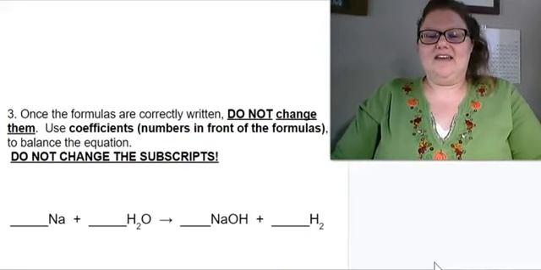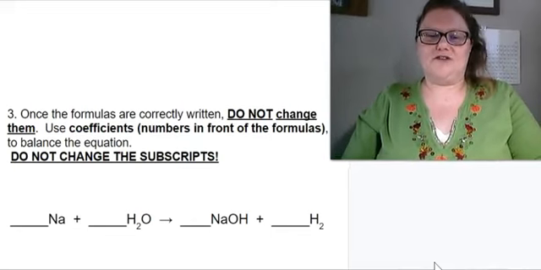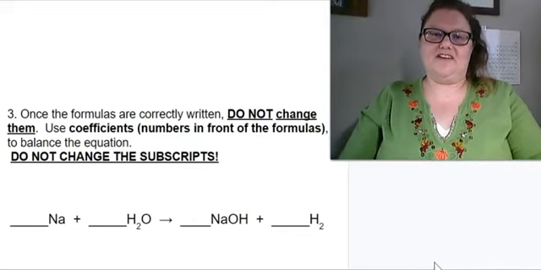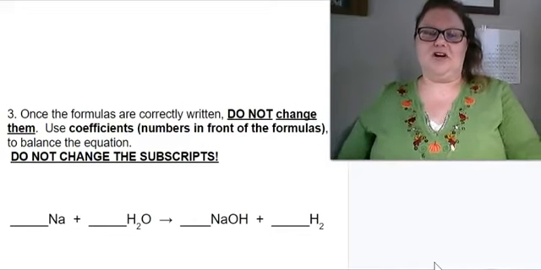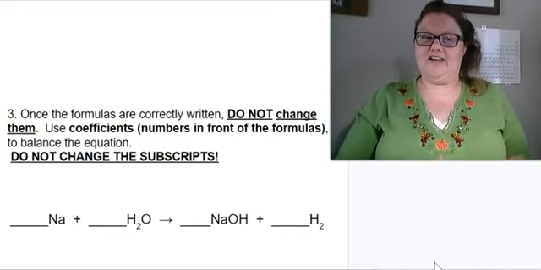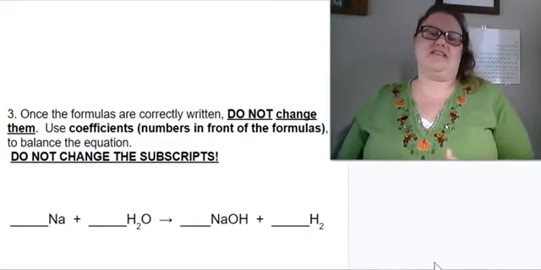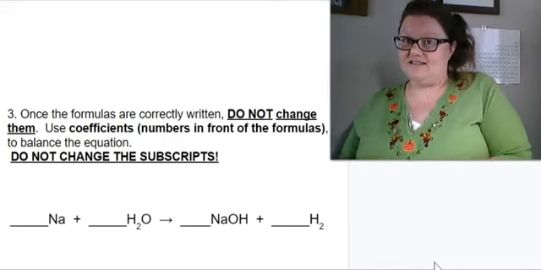All right. Next, what we're going to do is we're going to place a little line in front of each formula in the whole reaction. Okay, this is to represent a place where we can put a coefficient. So just like in algebra, when we have a coefficient like 2 in front of x, it's going to represent how many of that substance we have. So 2x means I have 2 x's.